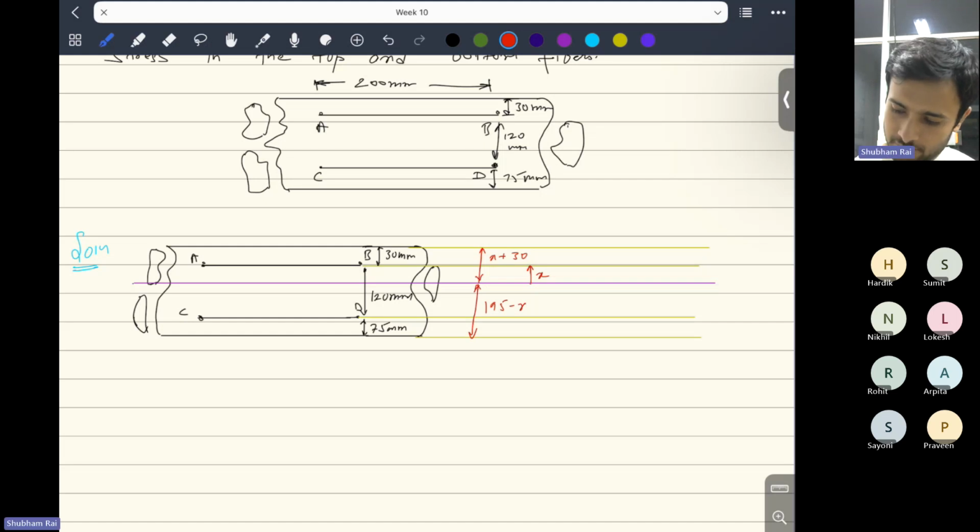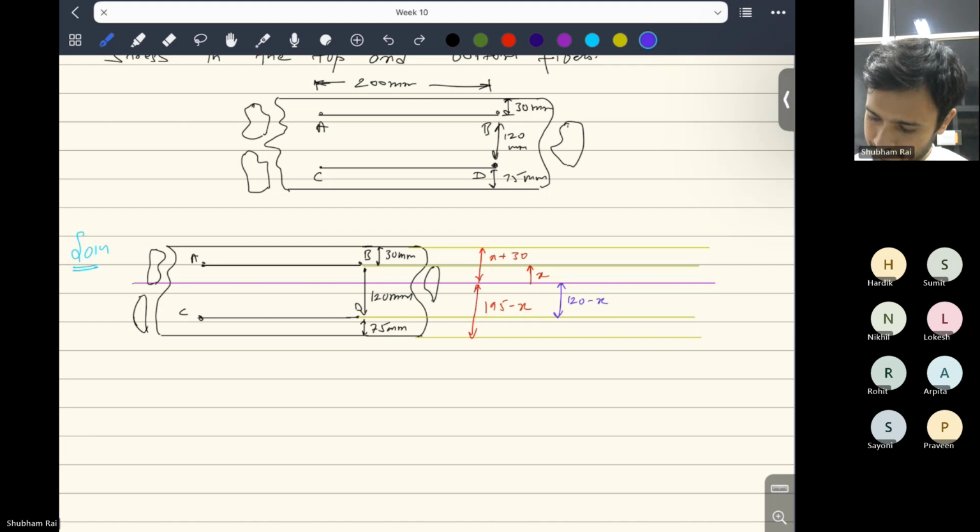And finally, I would also like to find this distance here. What will that be? That is nothing but 120 minus x. And if you try to draw the strains, strain here is positive. First draw a straight line.